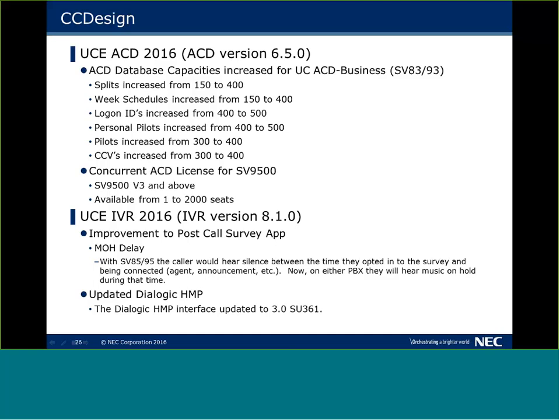In the past, I could only program those 100 agents for the 100 that I'm licensed for. With this concurrent model, now I can be licensed for the actual total number that I'm using. However, I can create all of the logins and users within the system in a true concurrent model. And that is available only for the SV9500 V3 and above software levels.